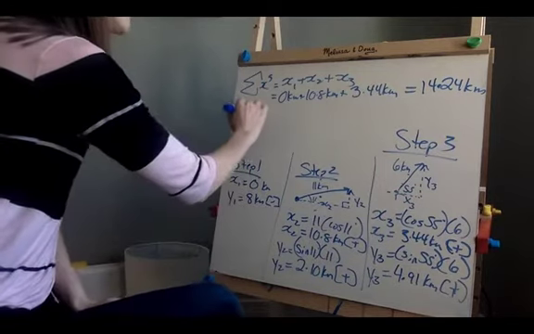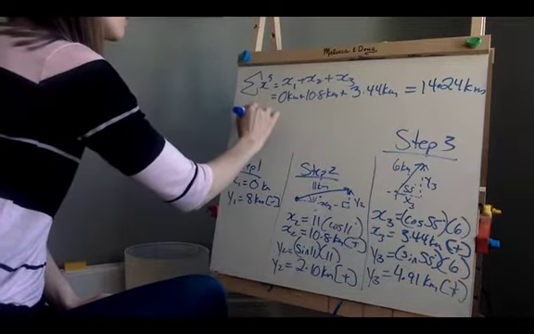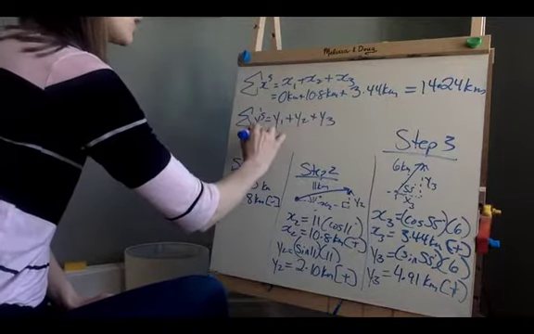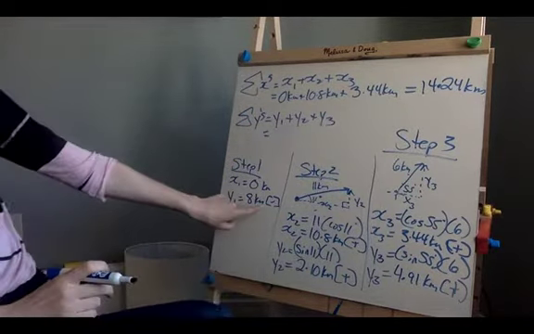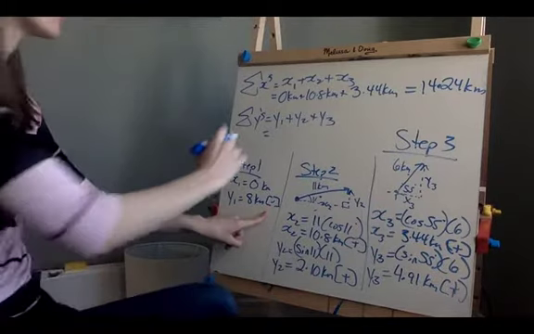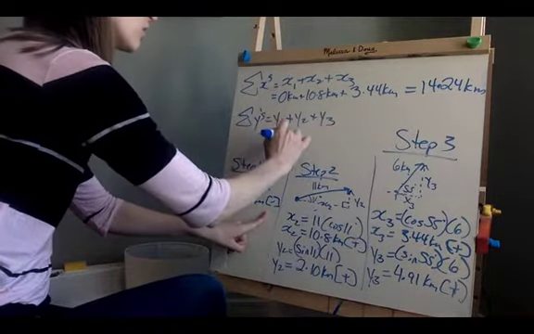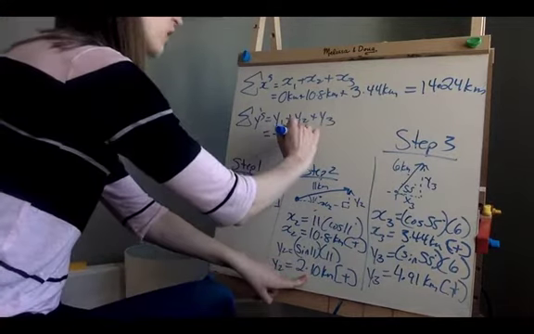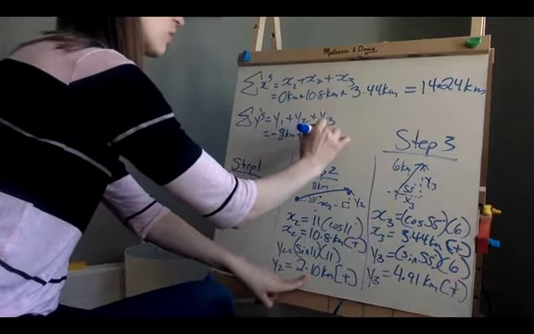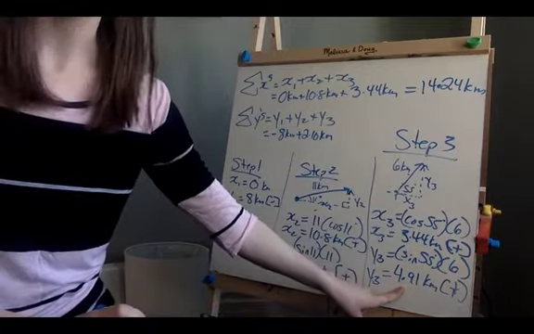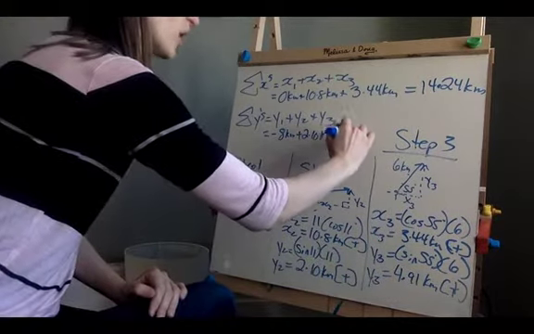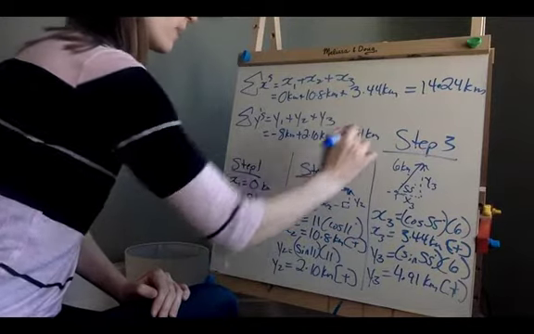Okay, and then you take your sum of your y's. So again, that's y1 plus y2 plus y3. So looking here, this was 8, but it was in a southern, so a negative direction, so it's negative 8 kilometers. And then we have a positive 2.1, so plus 2.10 kilometers. And then y3 was 4.91, and again, it was a positive because you were going north, so plus 4.91 kilometers.